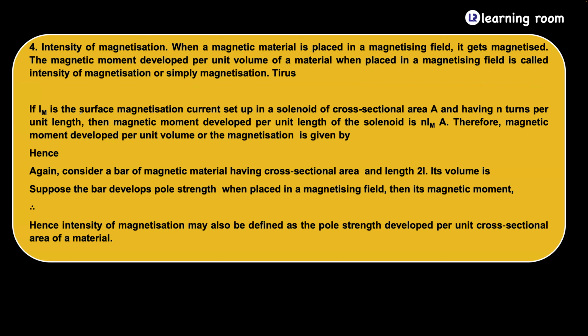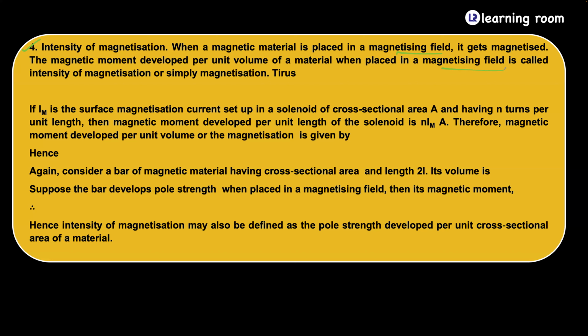So now we are going to see intensity of magnetization. The magnetic field is already generated. Now I'm going to talk about the bell pin, the extent to which it got magnetized. When a magnetic material, a bell pin, is placed in a magnetizing field in the presence of a bar magnet, it gets magnetized. Understood? The magnetic moment developed per unit volume of the material when placed in a magnetizing field is what is called intensity of magnetization. So there should be some measuring parameter.